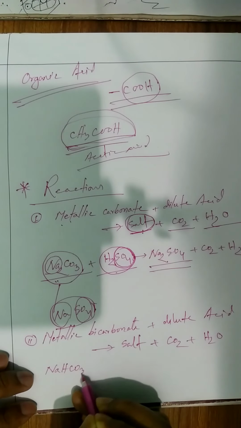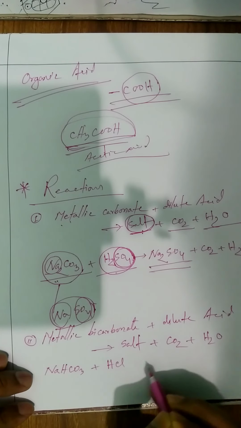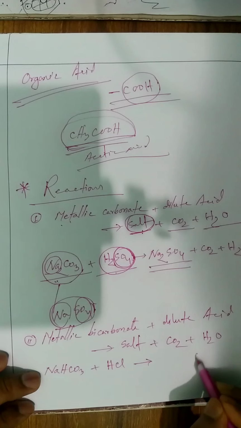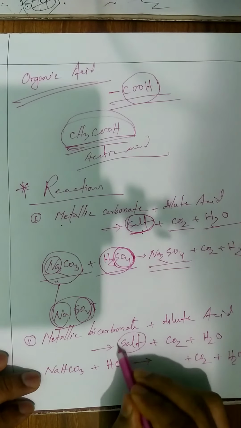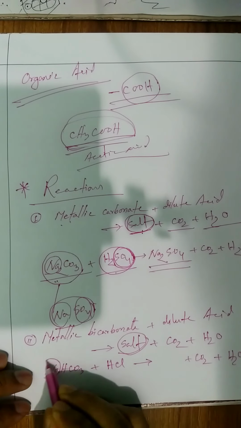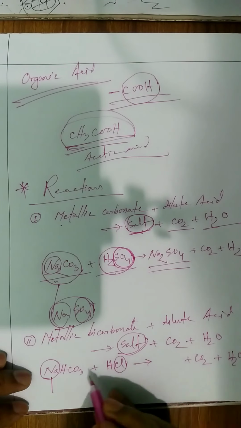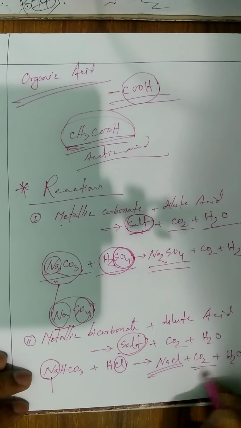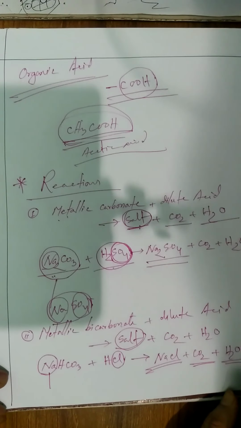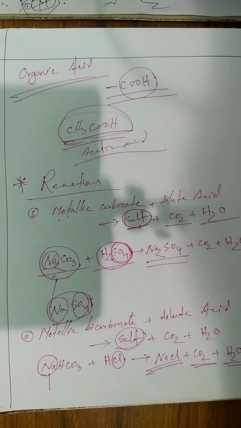Sodium bicarbonate plus HCl, for example. These two parts are fixed, so this salt will be metal from this part and acid radical from this part, that means NaCl, salt, CO2, H2O. So this is the second rule of this reaction.